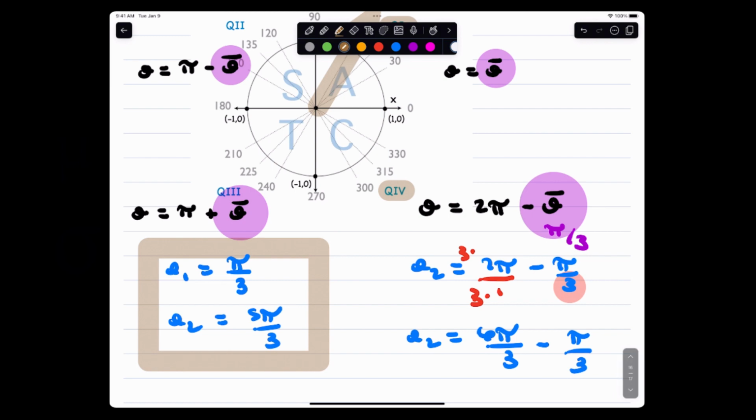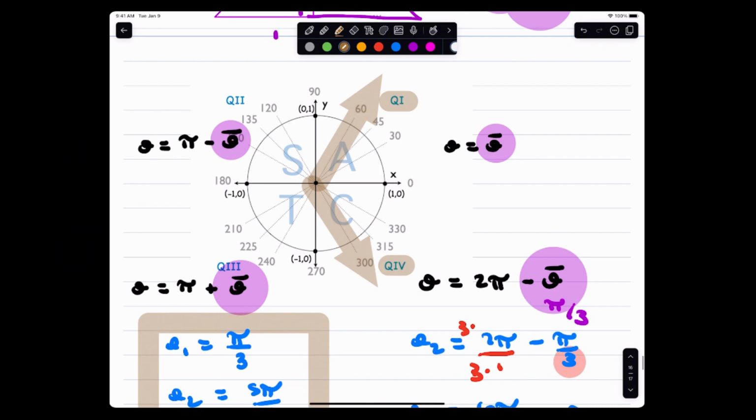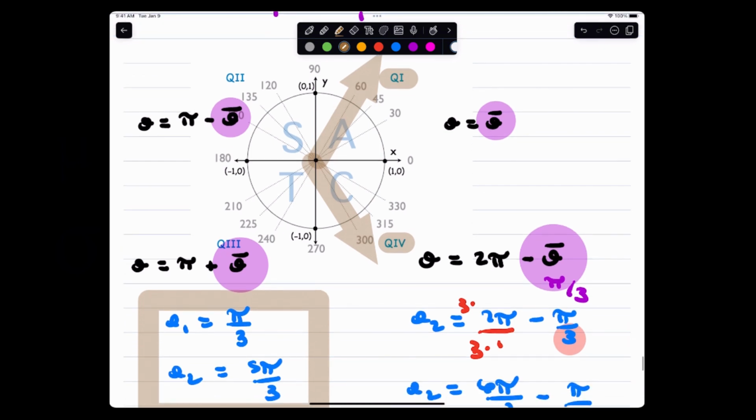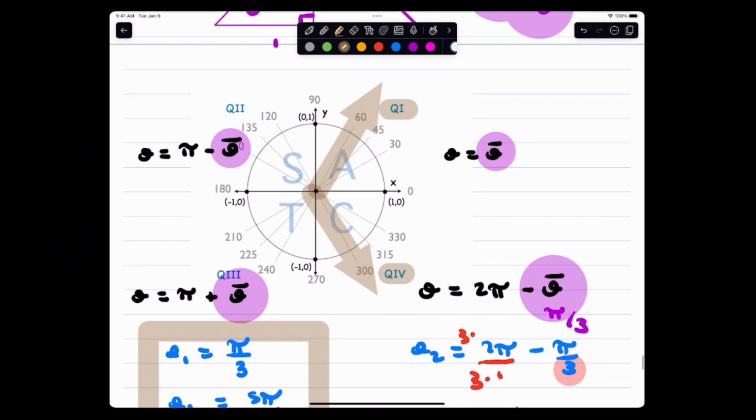So I want to make sure people understand. See, that was at 60 degrees. Okay, so this is going to be actually 300 degrees. So you guys know, I'm trying to draw an arrow, and sometimes it's not. There we go. So these are the two positive solutions. So the negative solutions, where is cosine negative?